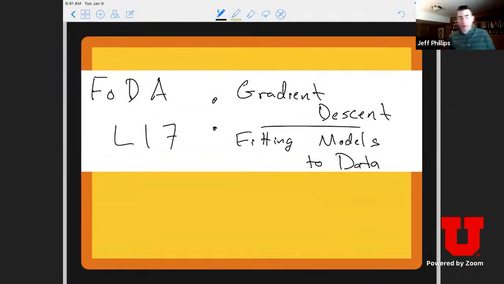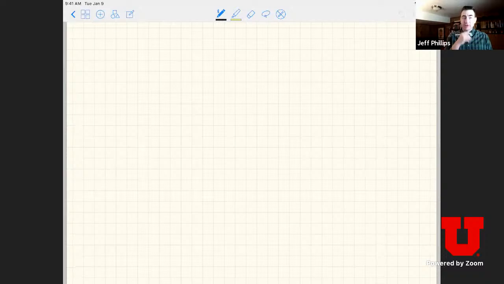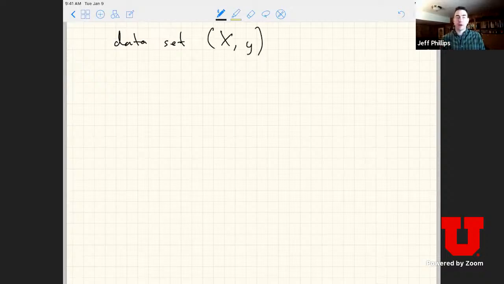So we're talking about gradient descent and fitting data onto the model. Now instead of starting with the function f, we're going to start by having a data set, and we'll call this again X, Y. This will be a supervised learning problem, so we have labeled data.